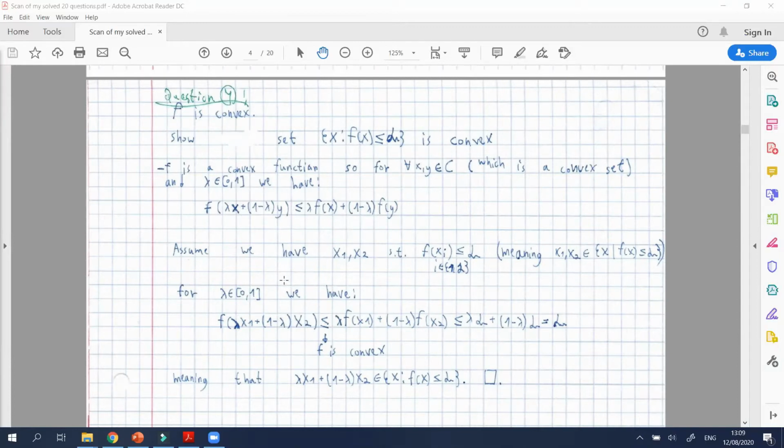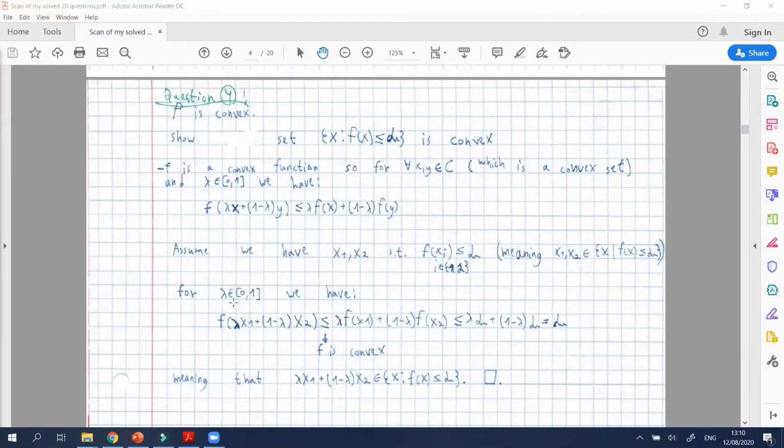lambda f of x plus 1 minus lambda f of y. So we assume we have two points, x1 and x2, such that for both, the function value of those points is lower than or equal to alpha, meaning they both belong to the set we are trying to look at.